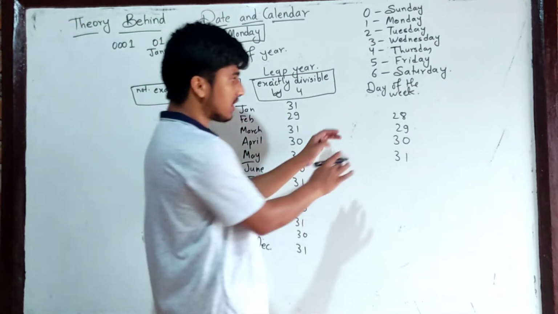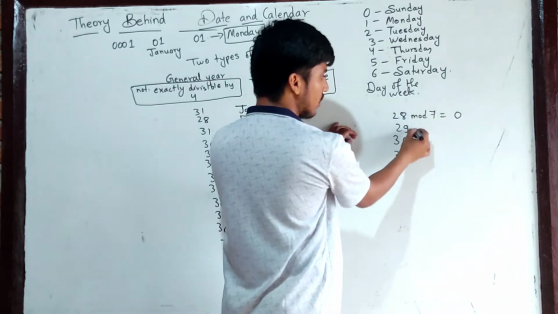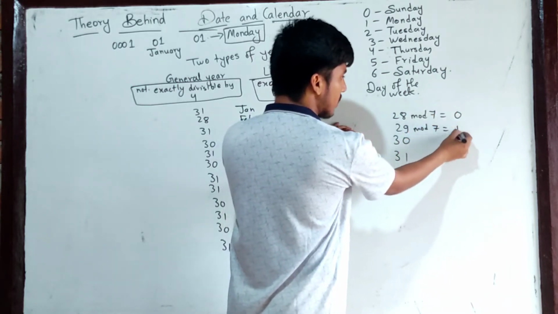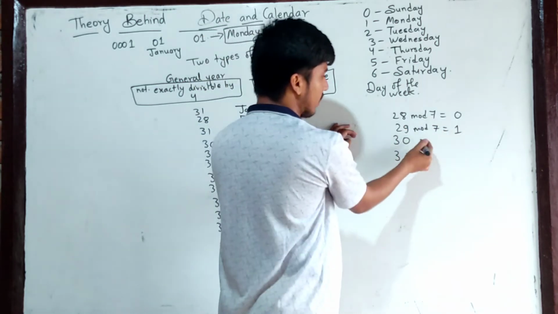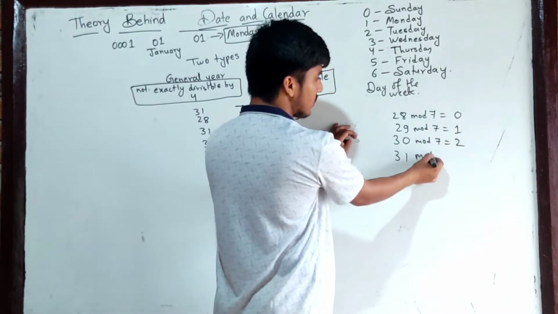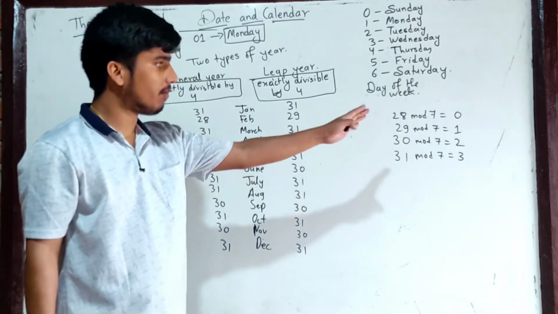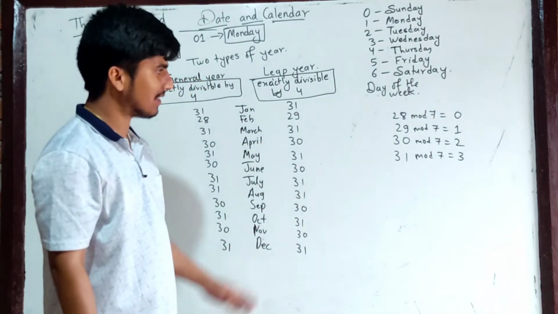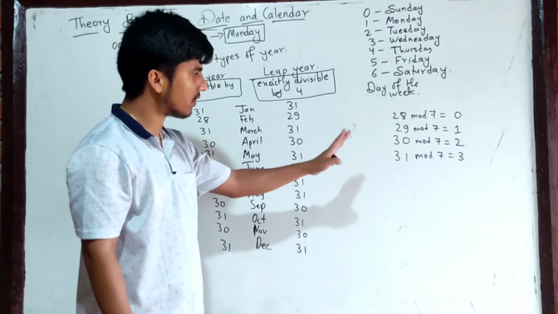Now let's perform modulo 7 on each. 28 mod 7 will give us 0. 29 mod 7 will give us 1, because 7 times 4 is 28, and the remainder is 1. 30 mod 7 will give us 2, 31 mod 7 will give us 3. So the corresponding number of odd days is 0 for 28, 1 for 29, 2 for 30, and 3 for 31.